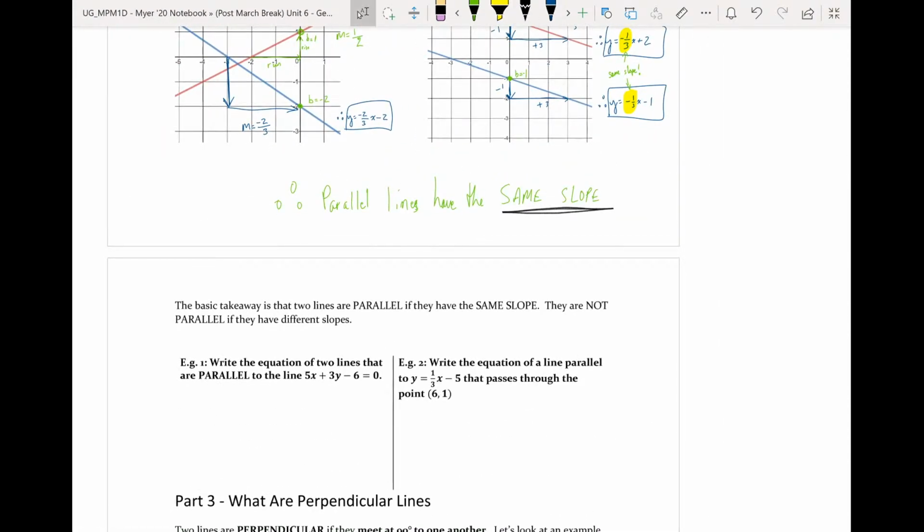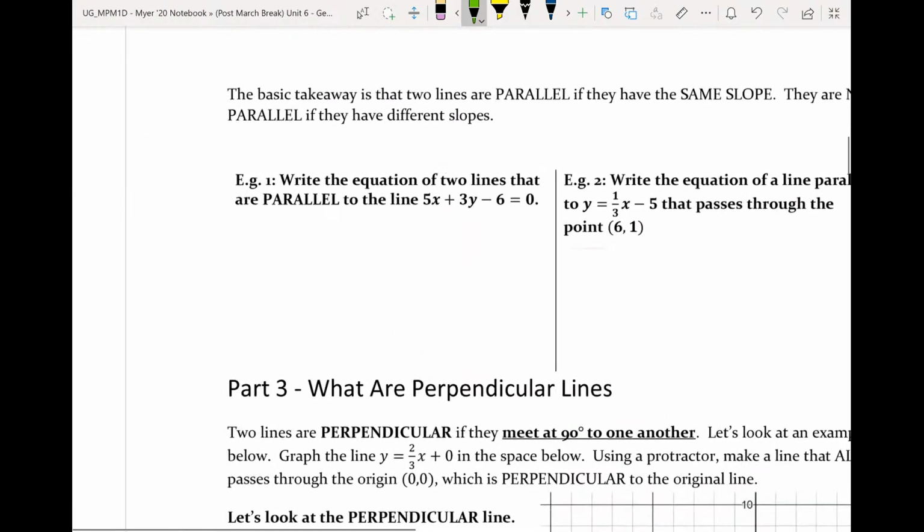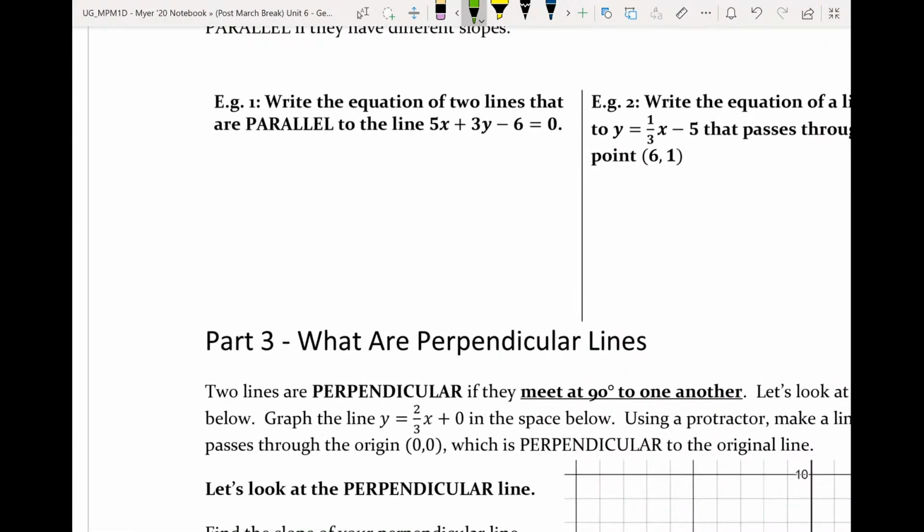So if I were to look down here, it says write an equation of two lines that are parallel to this line right here. All right, so the first thing I have to do though is, right now it's in standard form.